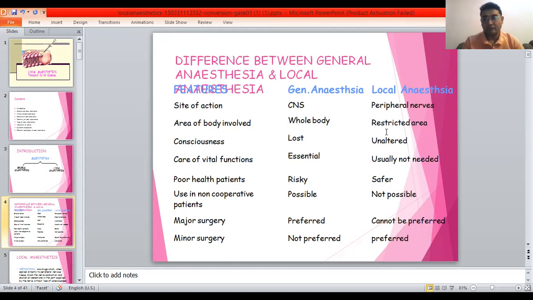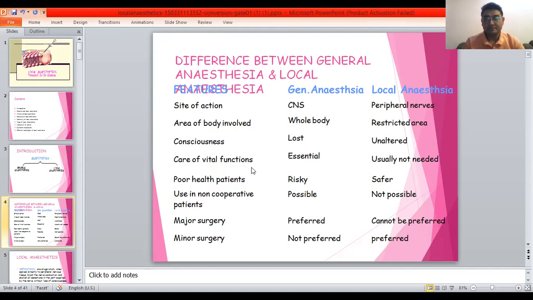And consciousness: in general anesthesia, consciousness is lost, but in local anesthesia, the patient will be conscious, and all sensation of the patient is unaltered and not changed. The patient can talk, hear, and speak.